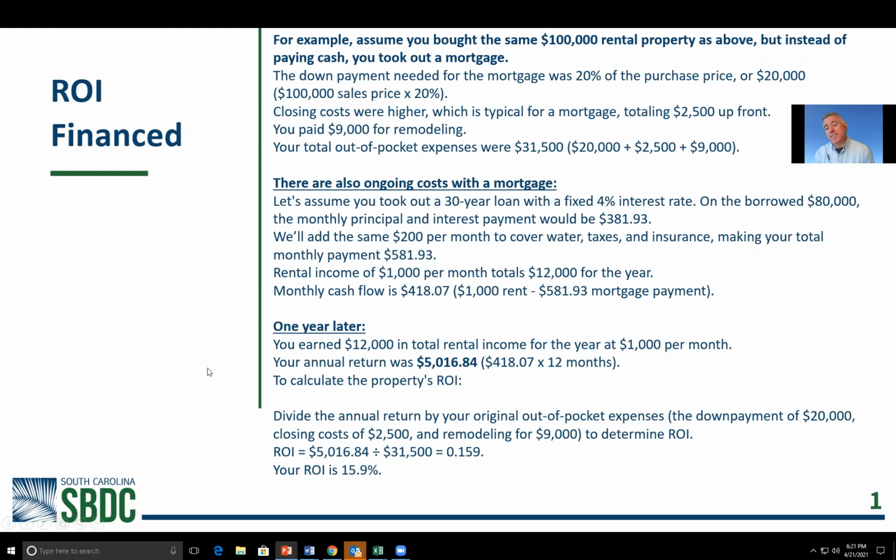So as you can see in this deal, you actually get a better ROI when you finance the project instead of paying all cash for it. So that's the beauty. That's what they say the beauty of leverage is. Using other people's money, OPM, other people's money. Leverage actually gives you a better ROI in your investment.